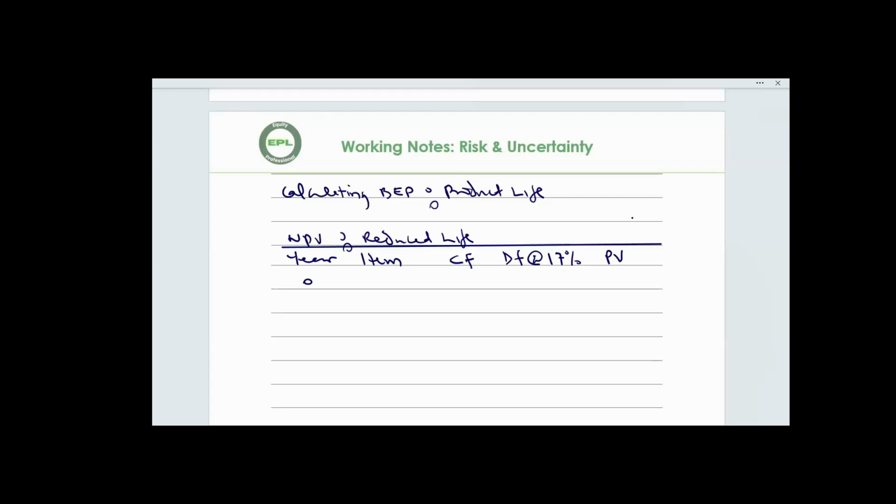Year 0, 1 to 9, 1 to 9: initial investments, annual contribution, annual production cost. Here is 4,800, 1,440, 360. What do you have as annuity factor, year 1 to 9 at 17%? 4.451. So let's multiply to get the present value.